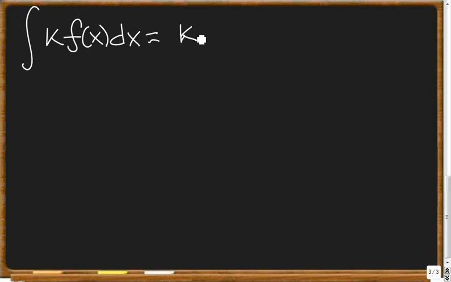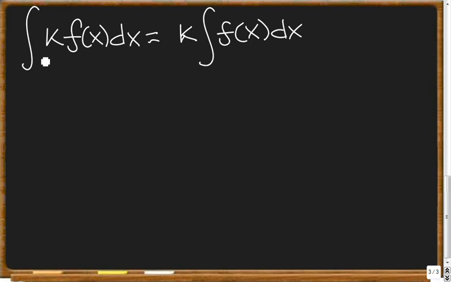One of them is called the constant multiple rule, which says that if we have some constant k being multiplied by a function, so like we're taking the integral of k times f of x dx, what we can do is take the k, the constant, out of the integral and just multiply the integral of f of x by that k at the end. So it just saves us a little time if we need to.